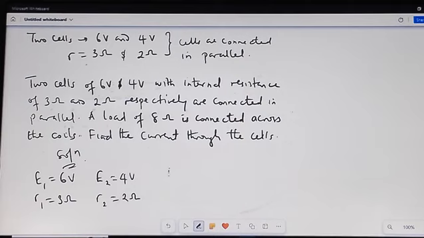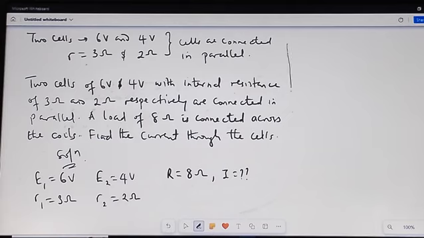And our load resistance is 8 ohm. What we are looking for is I, which is the current. So we are asked to find the current in each cell.